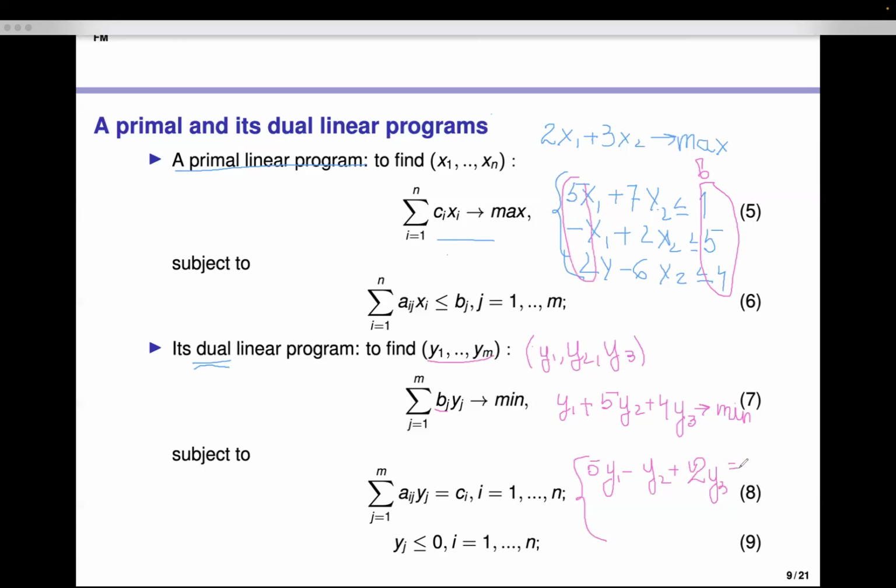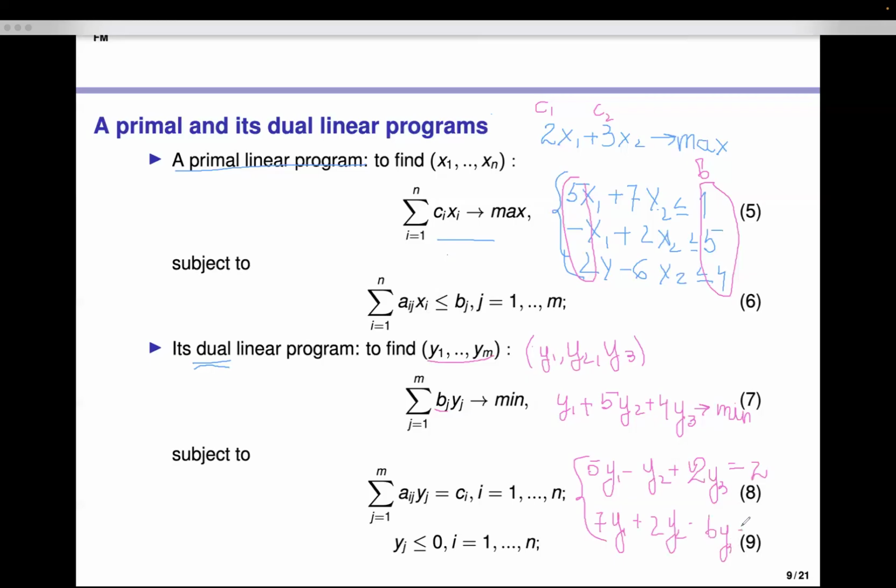C1 is 2. And the next, 7y1 plus 2y2 minus 6y3 equals 3.